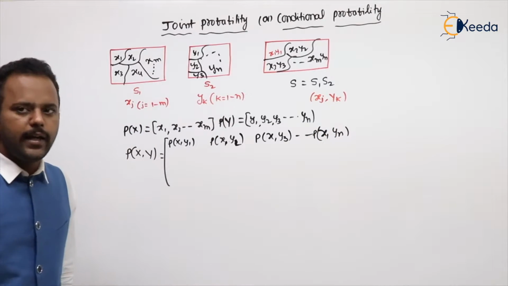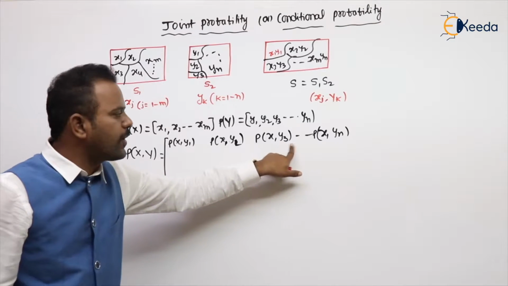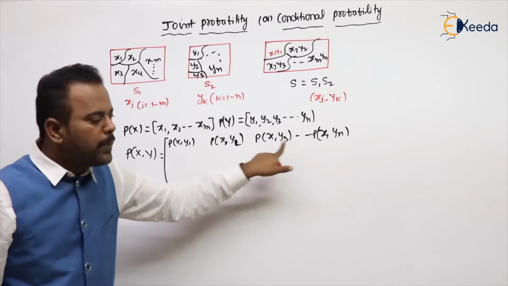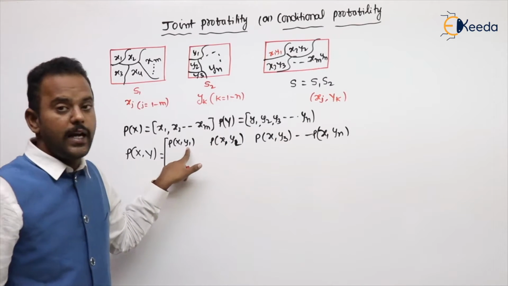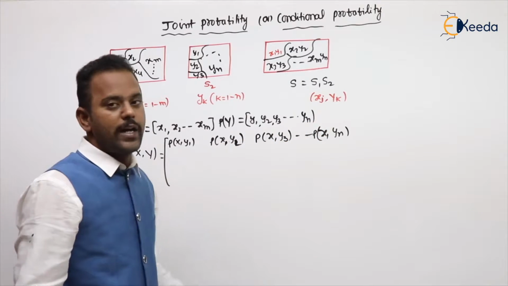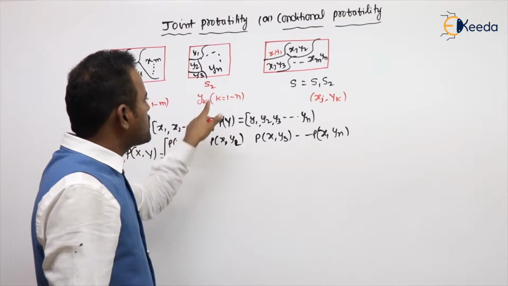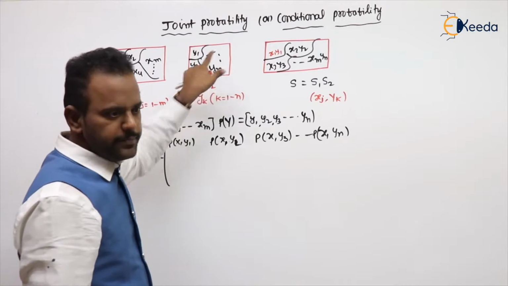So if you see, the first row is completely for x1, which may be received as either y1 or y2 or y3 or y4, and so on up to yn. This is the complete set regarding x1, which may be received as any one of the symbols here.